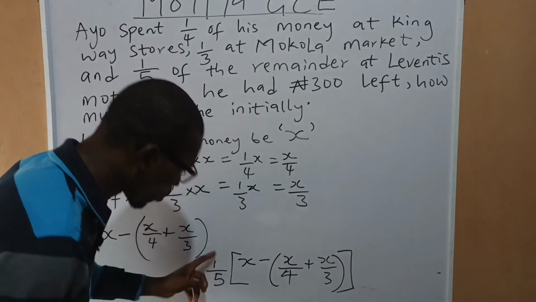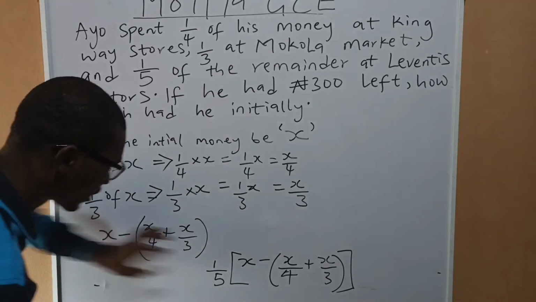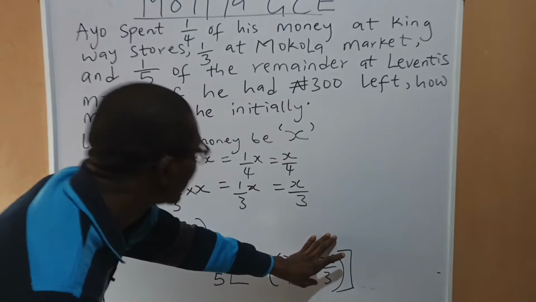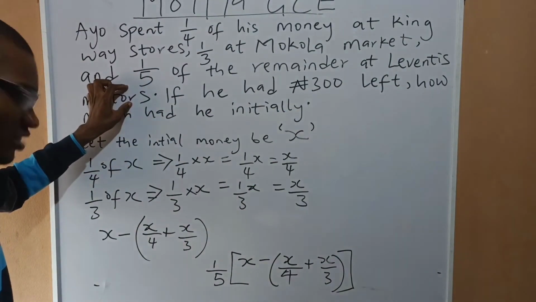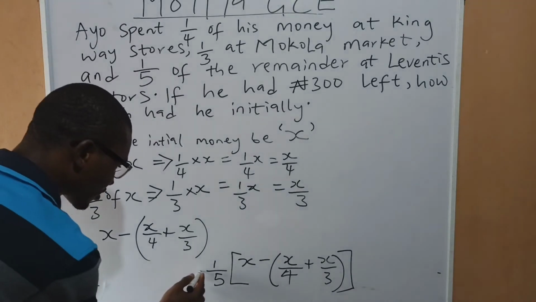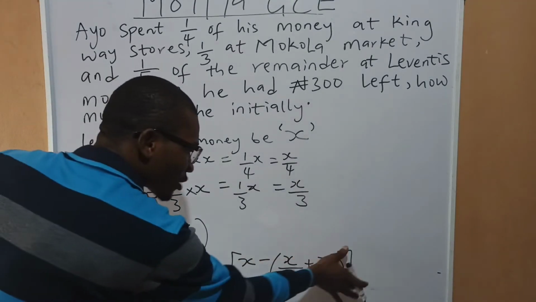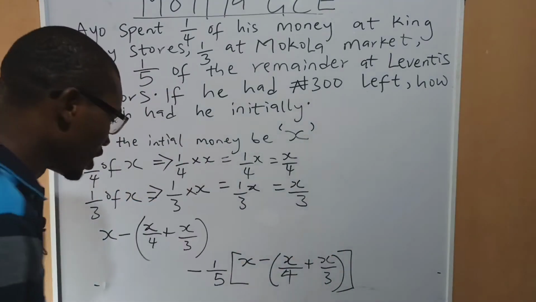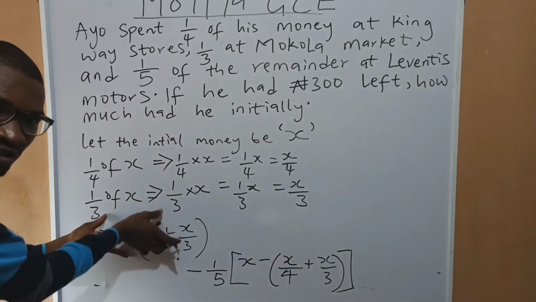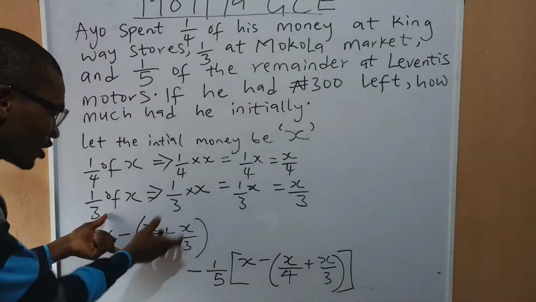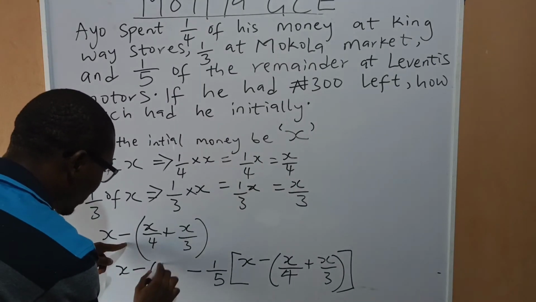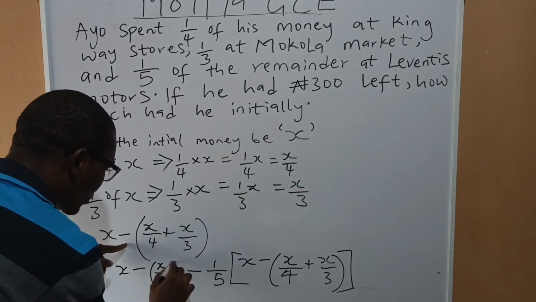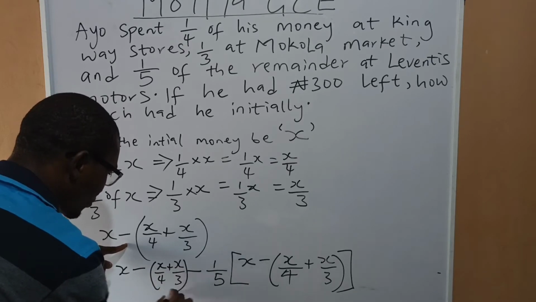So he spends 1/5 of this remainder at Leventis Motors. The next thing I will do is to subtract this final expense from the first remainder, which is x minus, in bracket, x/4 plus x/3.